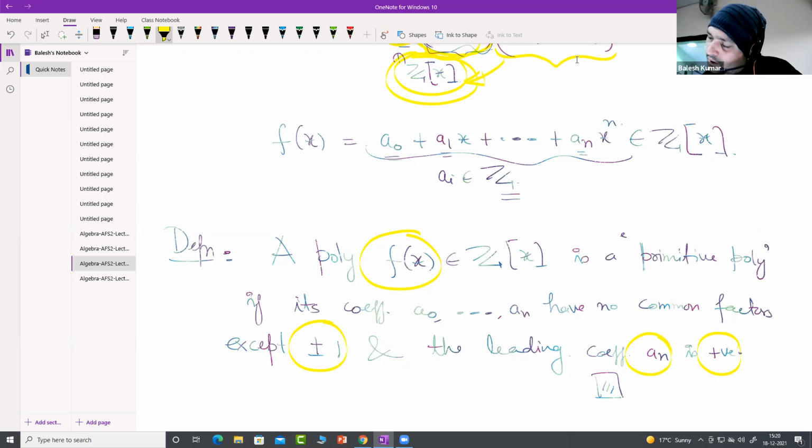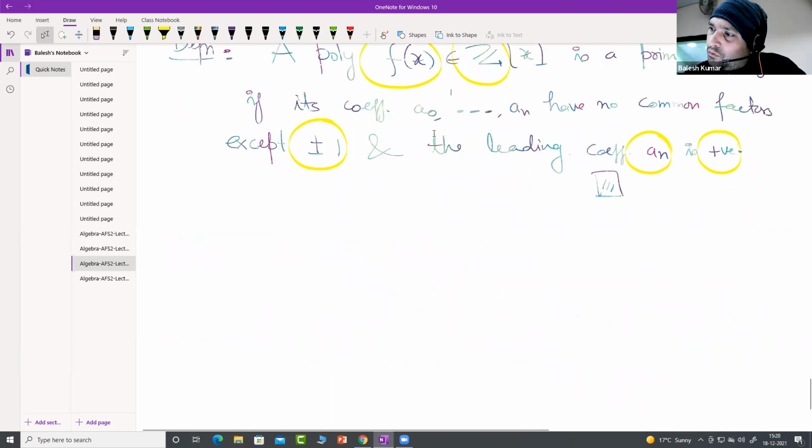Usually in a field we normalize the leading coefficient to be 1, but since we are working with integers and not a field, the normalization here is that it is positive. It has nice properties, and using the properties of primitive polynomials we are going to prove that this polynomial ring with integer coefficients is a unique factorization domain.